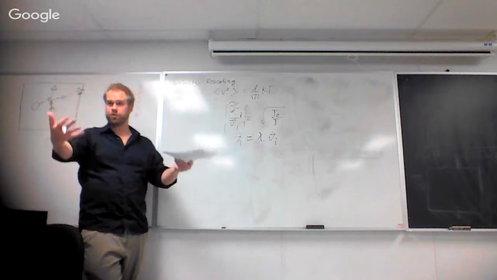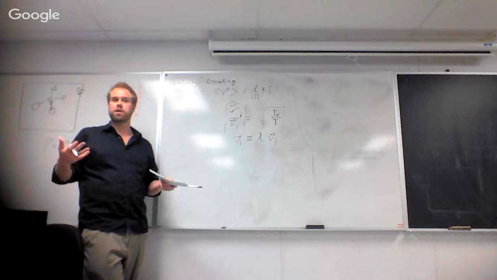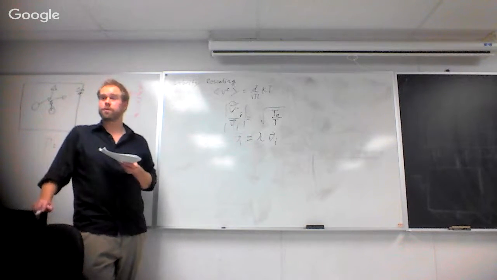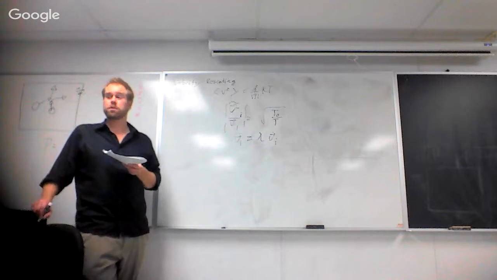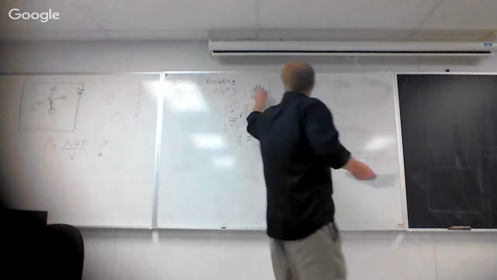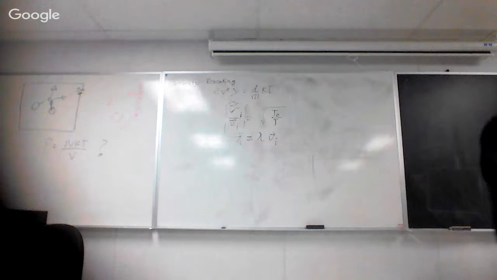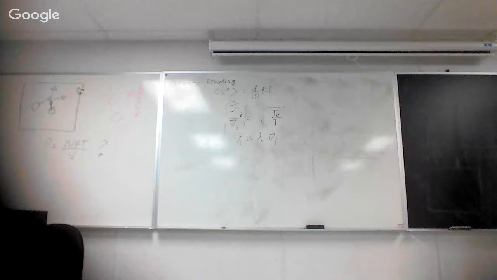We want to change all those vi's to give us the proper temperature. Cool? What's d? d is the dimensionality of our system, 1D, 2D, 3D.